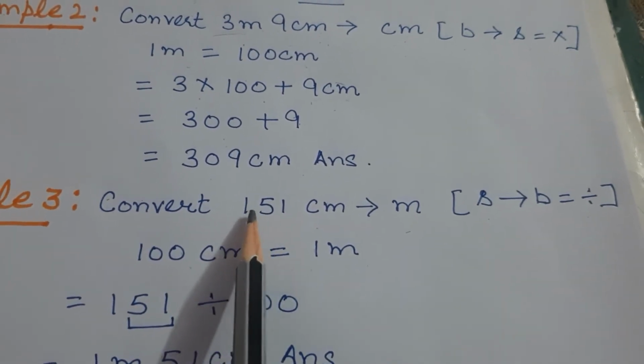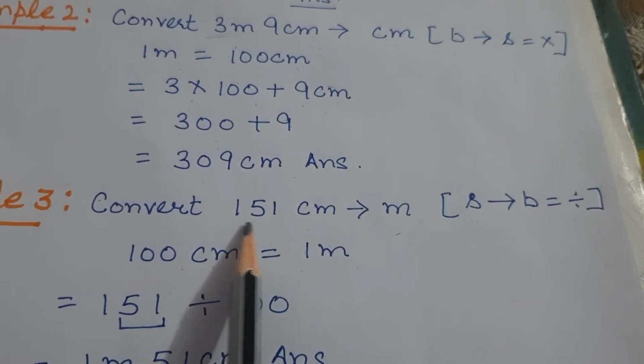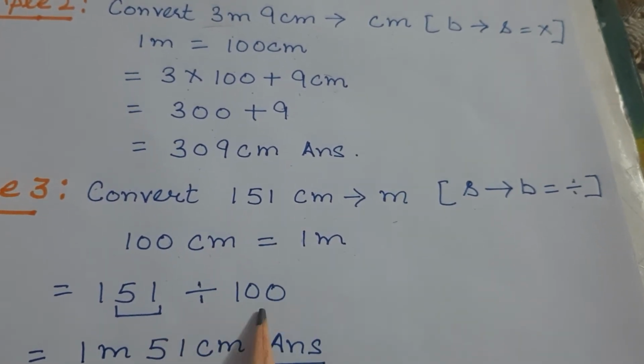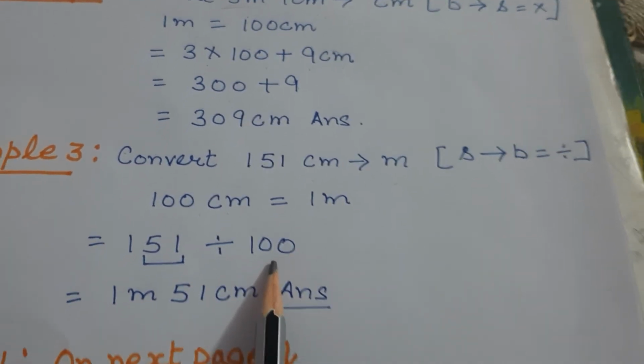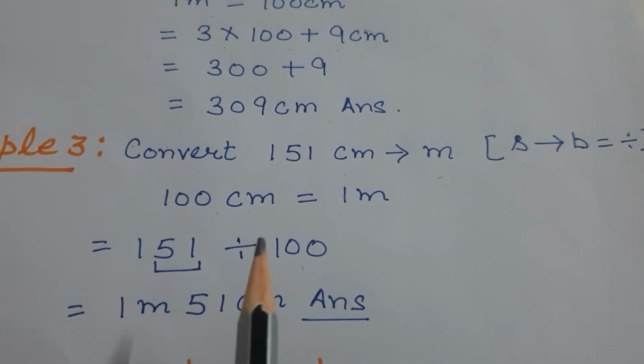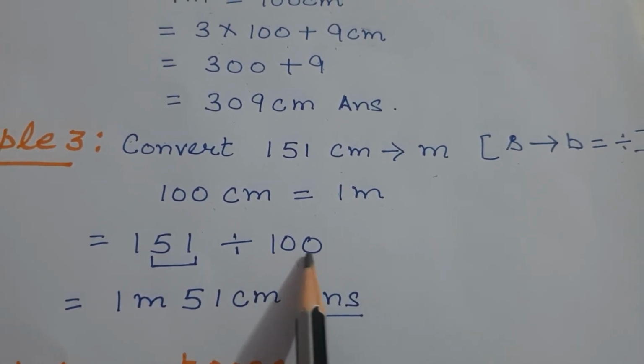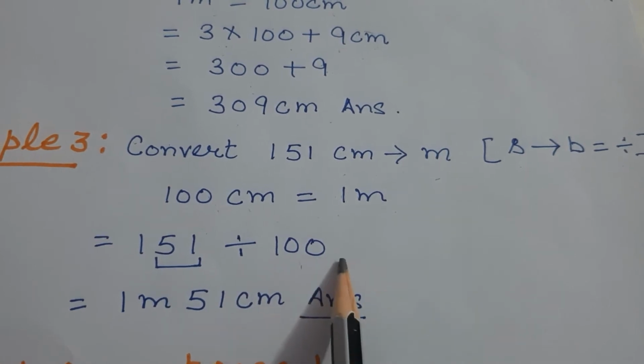Now the statement is 151 centimeters. So now we will divide this number by 100. Students, I am telling you here a shortcut method to divide by tens, 100, 1000. How many zeros in 100? 2 zeros.